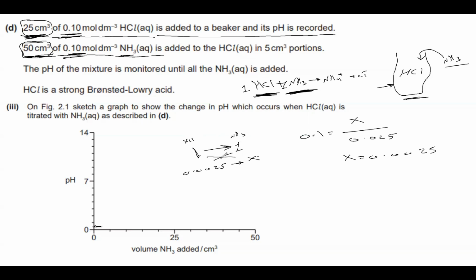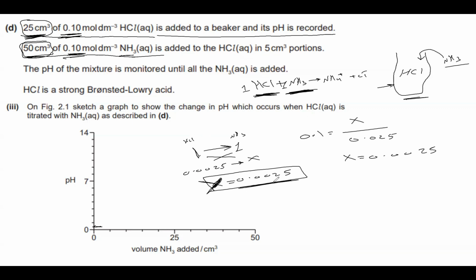This is the cross multiplication method. I have posted a video on how to deal with the cross multiplication method; you can see it on the channel. By applying this, we see that the number of moles of NH3 needed to react with HCl is this. I will call it Y, sorry, not X, Y.